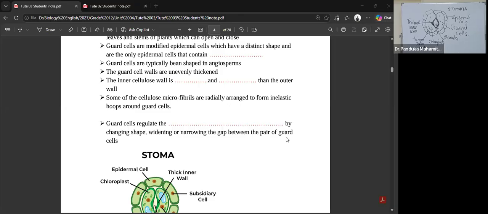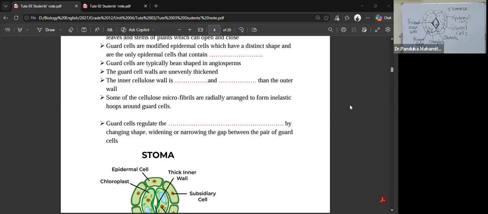It is not elastic. Some of the cellulose microfibrils are radially arranged to form inelastic hoops around the guard cells. Right.